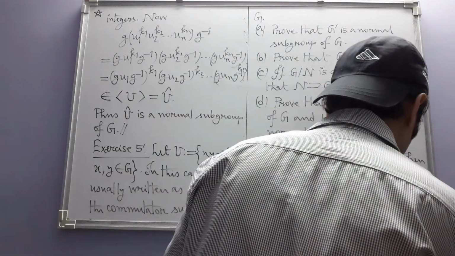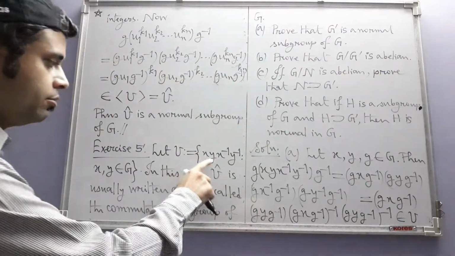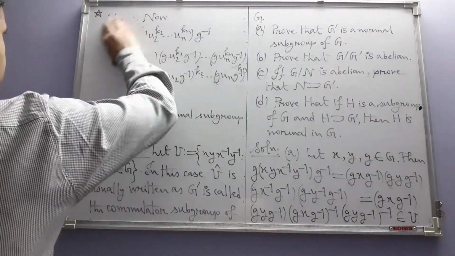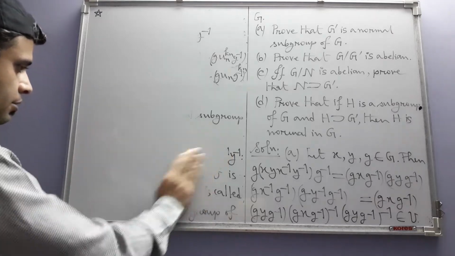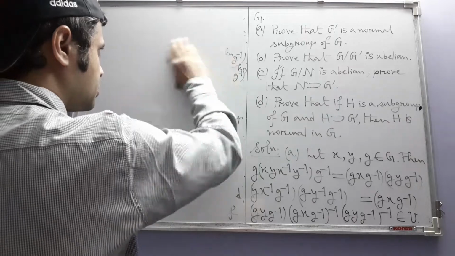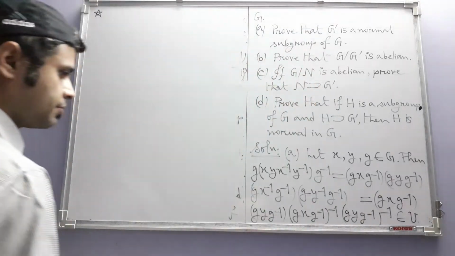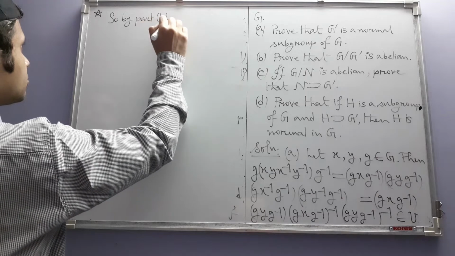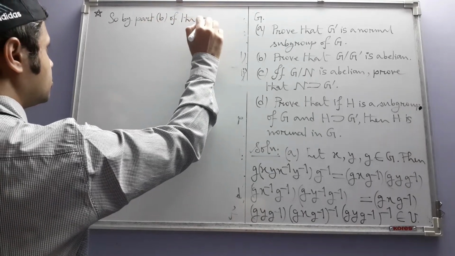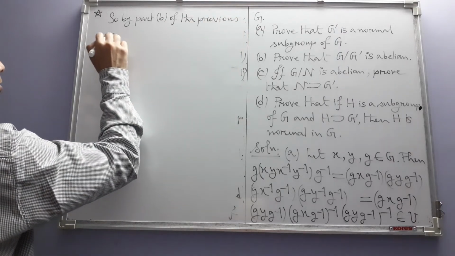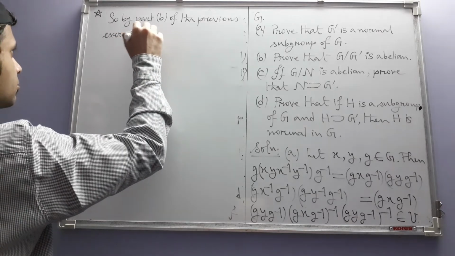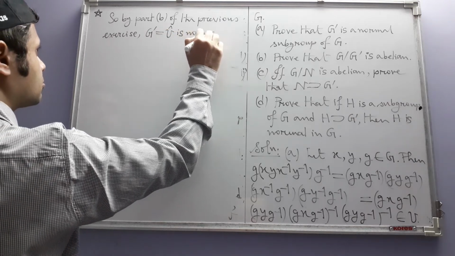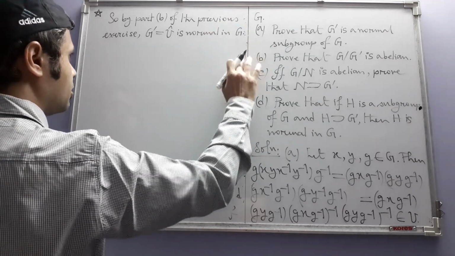So it has the form to be in U. So it again belongs to U. So by part B of the previous exercise, the commutator subgroup G prime is normal in G.